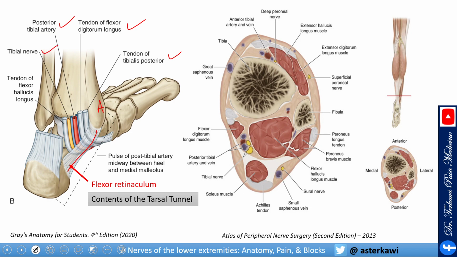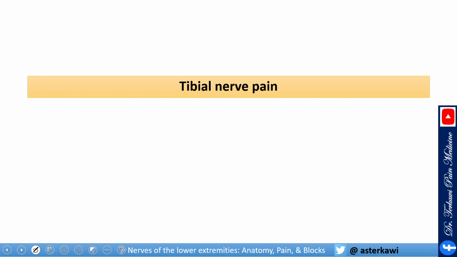And behind that, the posterior tibial or the tibial nerve. And just posterior to that, the flexor hallucis longus. So if you are feeling the pulse of the posterior tibial artery, the nerve is just posterior to that within the tarsal tunnel. And that's another zoom in here to see the orientation of them.